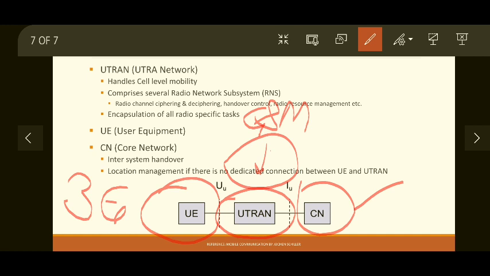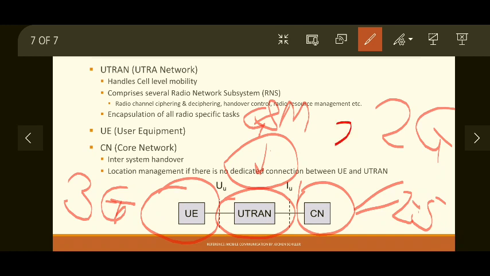For example, if you have got a 3G mobile, you should be able to communicate with the 2G mobile. Okay, so core network supports 2G, it also supports 2.5G, it also supports 2.75G. So all the lower versions of the GSM are supported by this third generation of GSM through this core network.